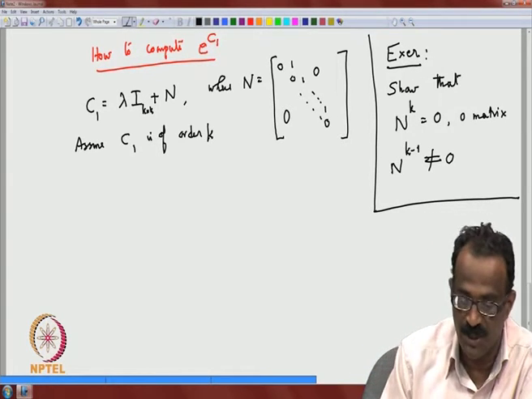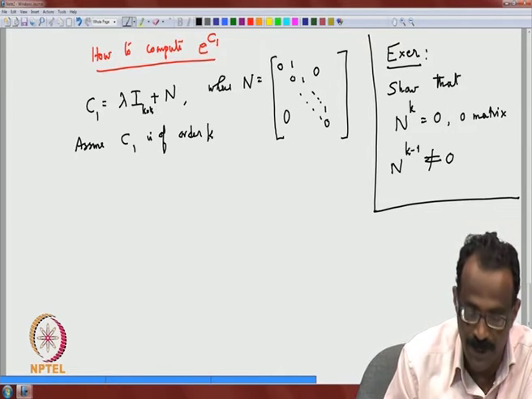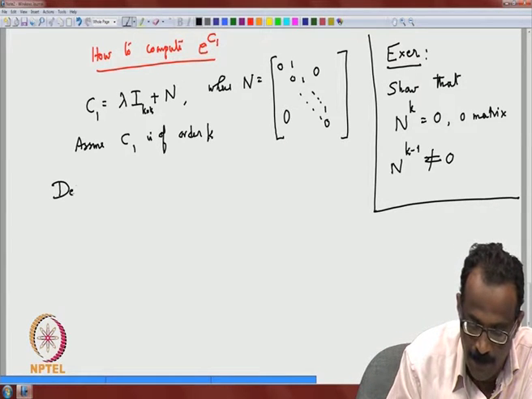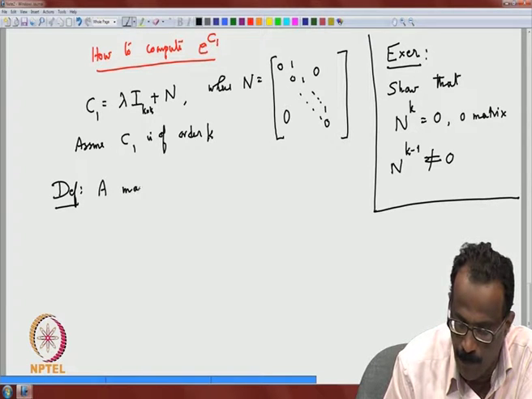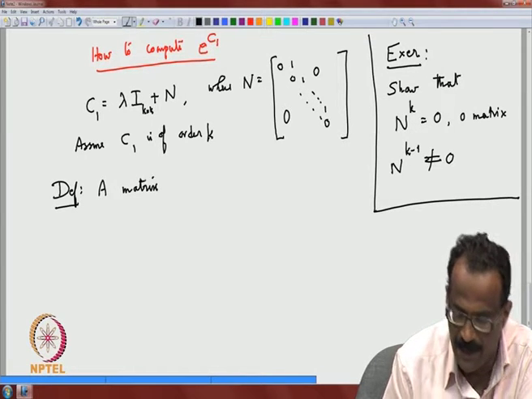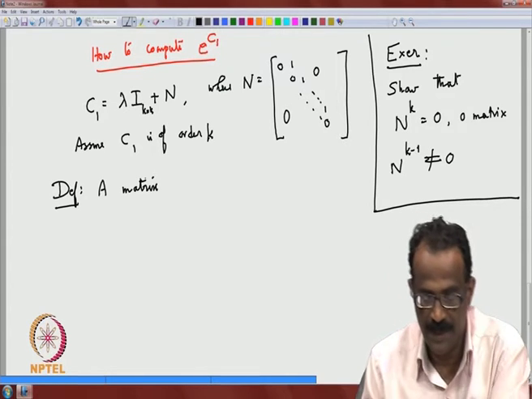Such types of matrices are called nilpotent matrices.